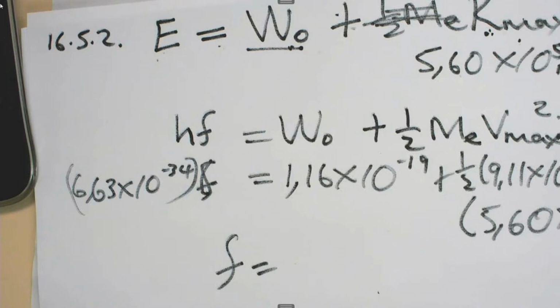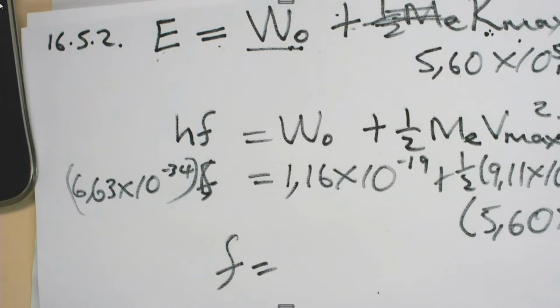I'll do the calculation on the right hand side first. 1,16 exponent minus 19 plus, in brackets, 0,5 multiplied by 9,11 exponent minus 31 multiplied by 5,60 exponent 5 squared, and then we close the bracket.